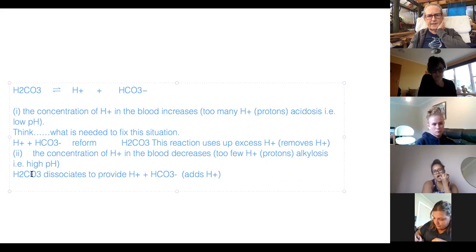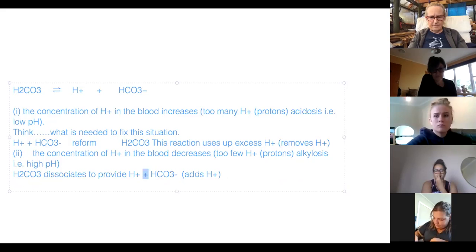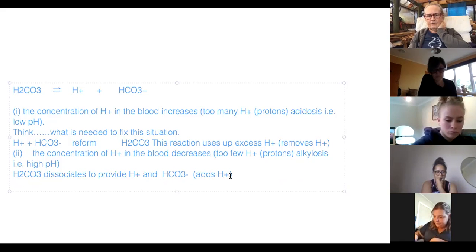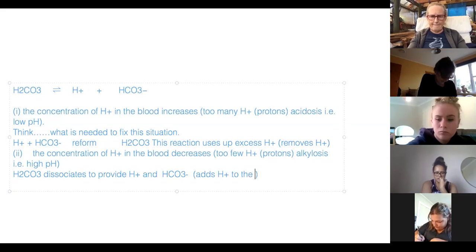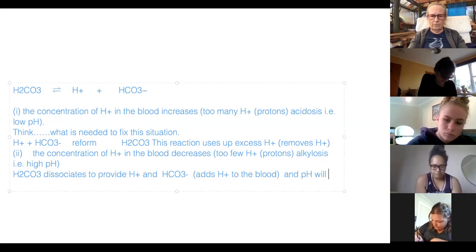If that dissociates to provide H+ and HCO3, the bicarbonate ion, so we're adding H+ to the blood, okay? And pH will fall, yeah?